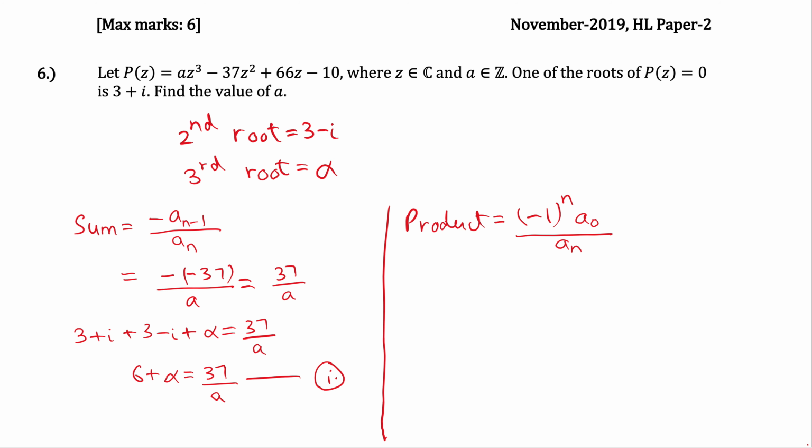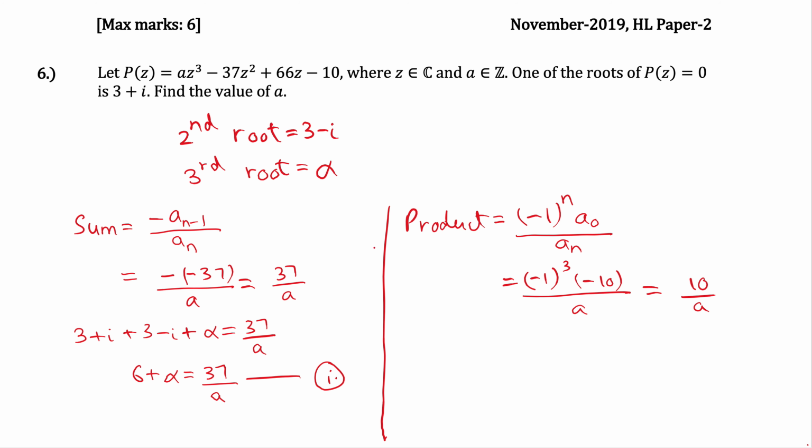So a_0 in this formula represents the constant term in the polynomial, a_n represents the coefficient of the largest power, and n represents the degree of the polynomial. So the product of the roots of this equation will be given by negative 1 to the power of 3 times a_0, which is negative 10, divided by a, and this is equal to 10 upon a. So the product of the roots will equal 10 upon a.